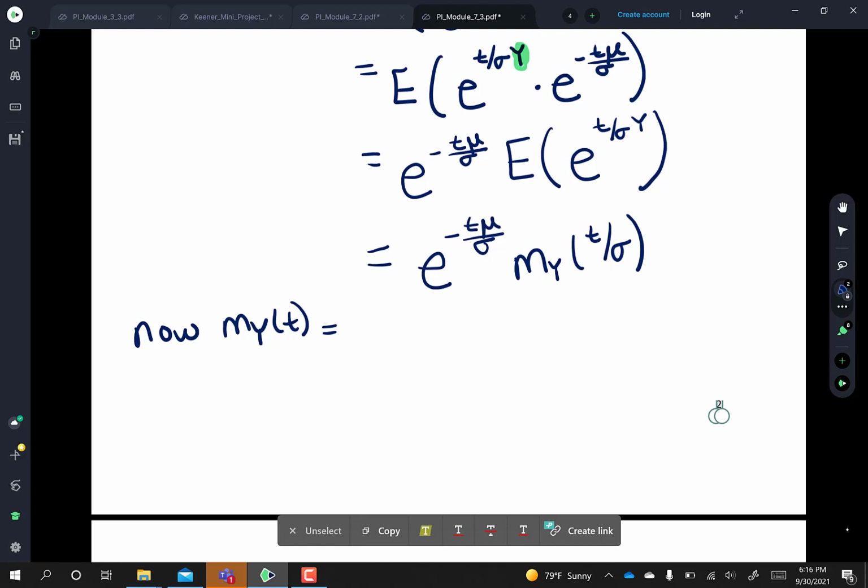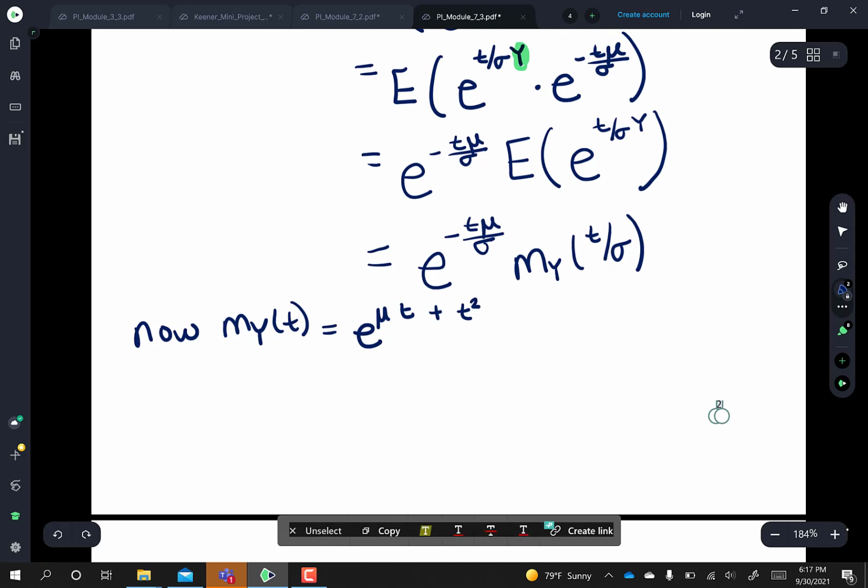We could also go to your probability cheat sheet. It is the same parameterization there. You should find that the moment generating function for the normal is equal to e to the mu t plus t squared sigma squared divided by 2.